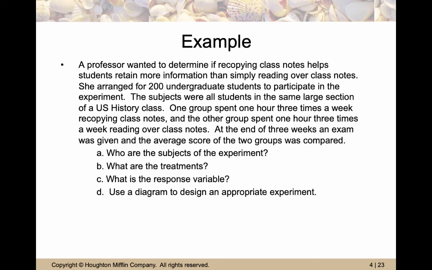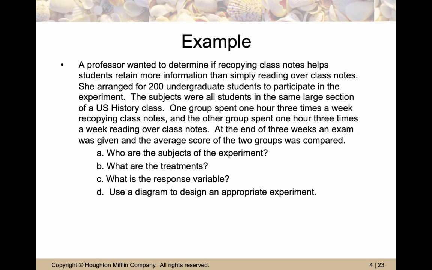A professor wanted to determine if recopying notes helps a student retain more information than simply reading over class notes. She arranged for 200 undergraduate students to participate in the experiment. The subjects were all students in the same large section of a U.S. history class.